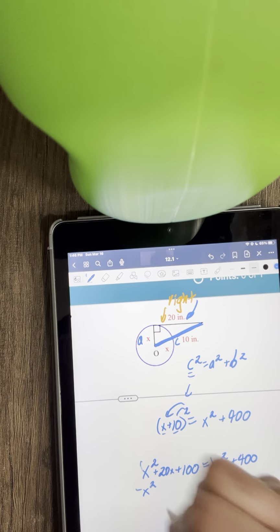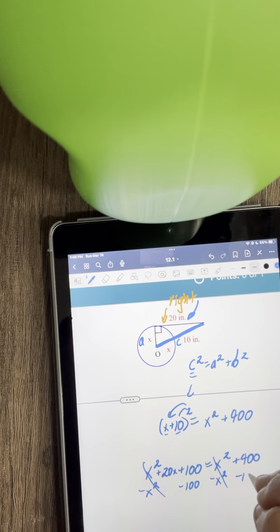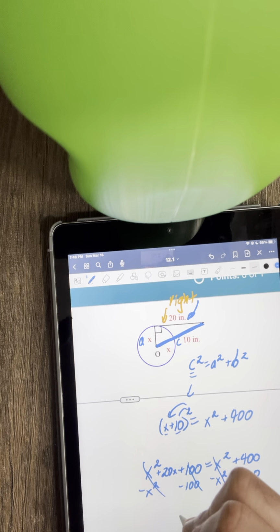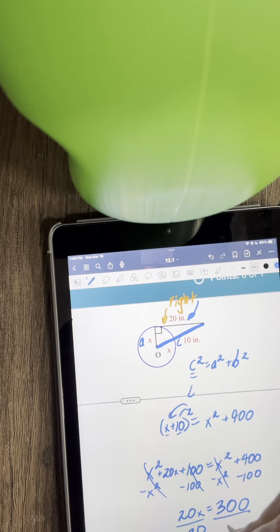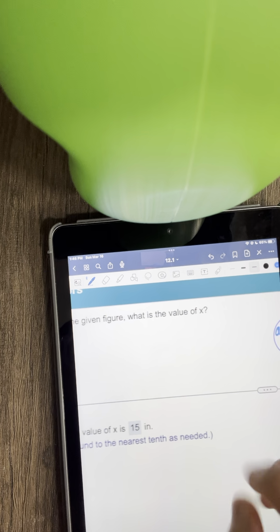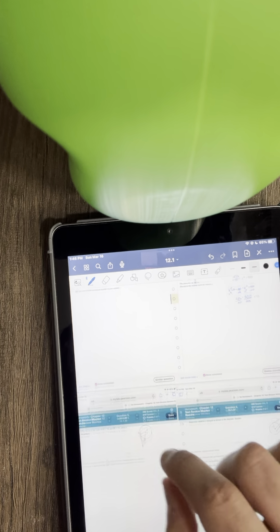And what happens? These guys cancel out. Now I'm going to subtract 100, subtract 100. So I'm going to have 20x equals 300. Now I divide by 20, divide by 20. This cancels out with that. What's 300 divided by 20? It's 15. So my x should be 15. Is it? Yep, 15. Perfect.